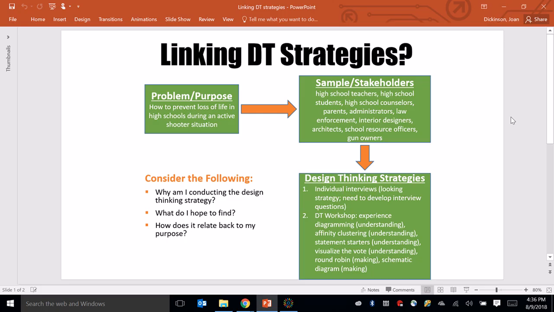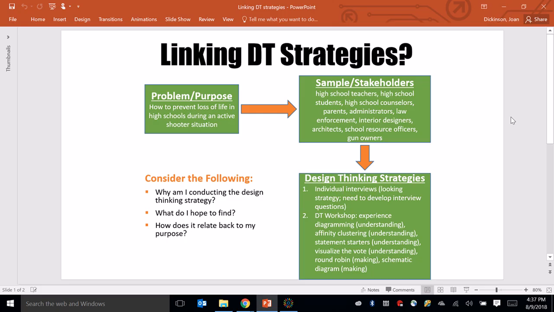Once the individuals had finished the experience diagramming, he had them participate in affinity clustering so they could cluster the themes and start to look at whether there were any common themes based on the experience diagramming. Those themes were then used for statement starters.